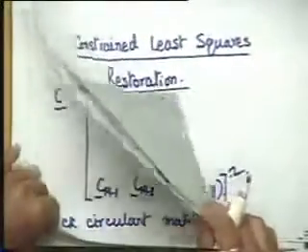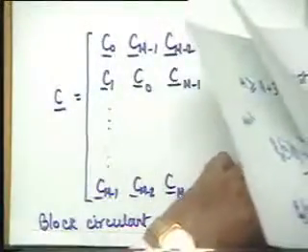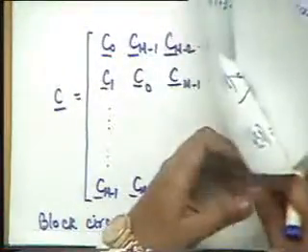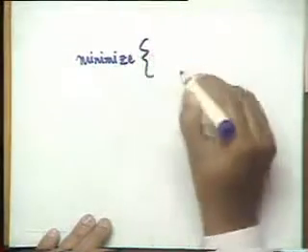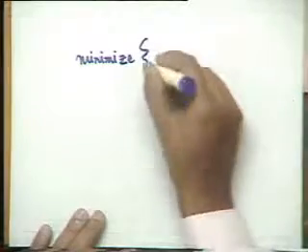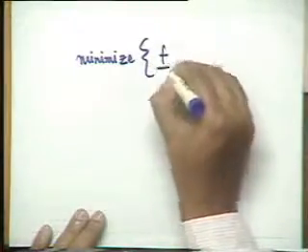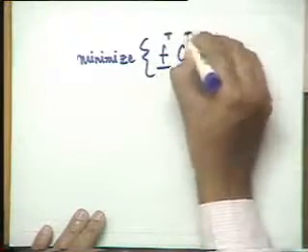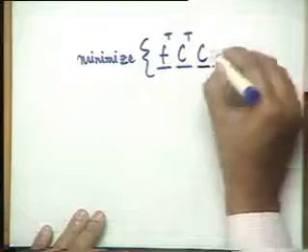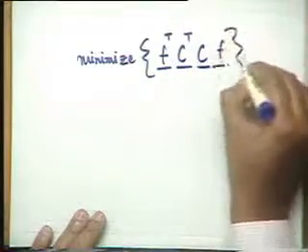So if you are writing the square term, then it is very easy to see by very simple matrix deductions that our ultimate objective will be to minimize the square of the second derivative term, which can be written as f^T C^T C f.